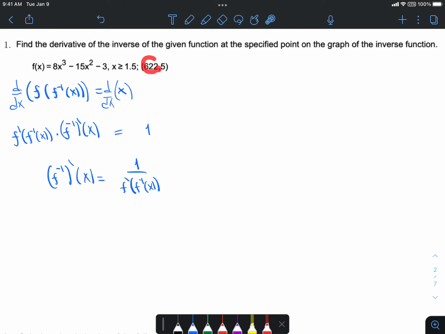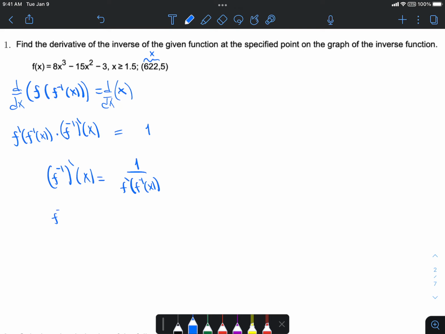Now we're given the point. We know that x is 622. If we were not given this point, we would have to use the original function to find the coordinates of the point. But right now we know the point, so there's no confusion.